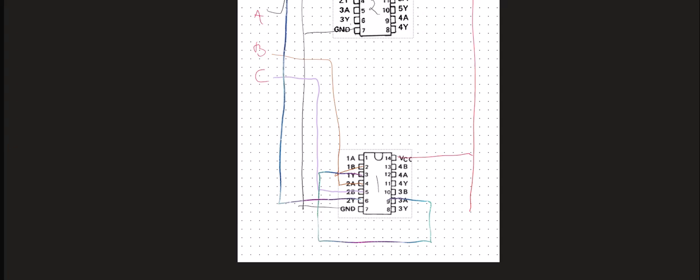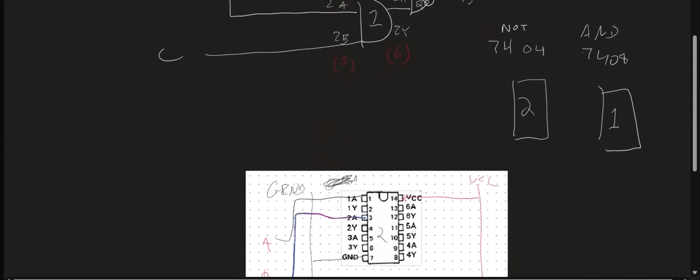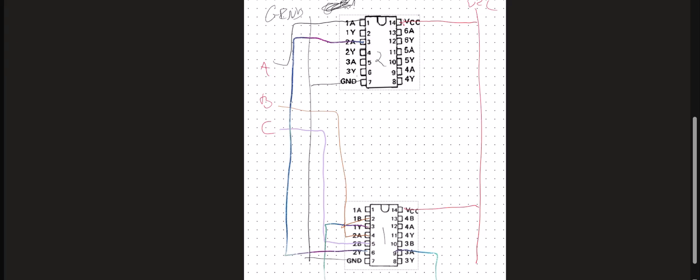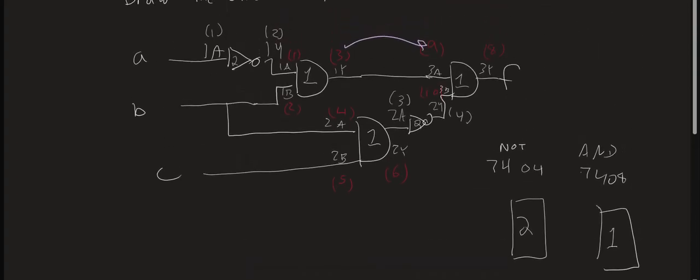Looks like I missed pin 2. What goes to pin 2? Pin 2 goes to pin 1. So pin 2 of the NOT goes to pin 1 here. And pin 4 of the NOT goes to pin 10 of the AND.